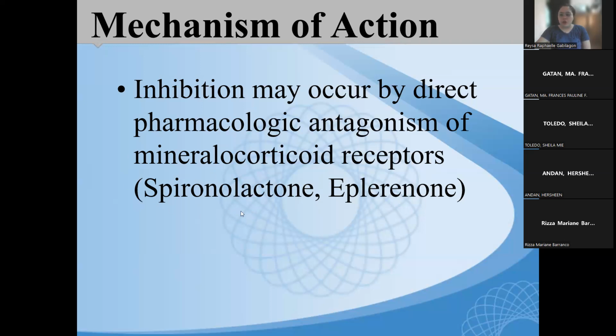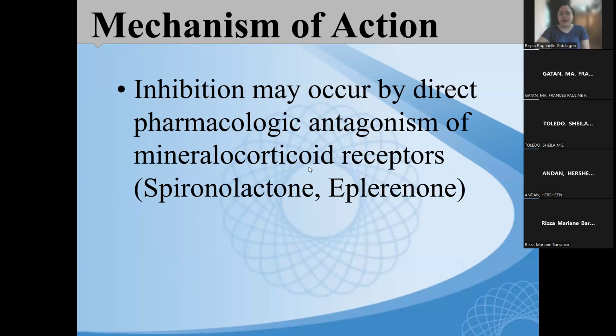Actually, spironolactone really targets the aldosterone, while eplerenone is more on the mineralocorticoid receptors themselves. Again, spironolactone inhibits or antagonizes aldosterone, while eplerenone is concentrated on the mineralocorticoid receptors directly.